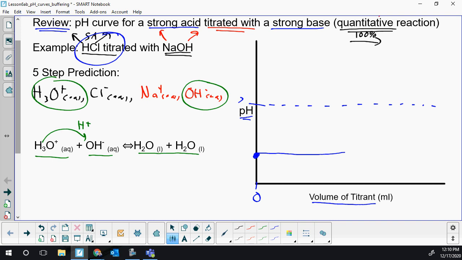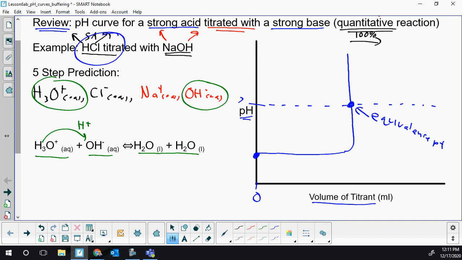It's only when you start to use up all the acid that you see the pH shoot up, and it shoots up really rapidly. Right at a pH of 7 is the equivalence point. That is the point where the moles of acid and the moles of base added are equal to each other.